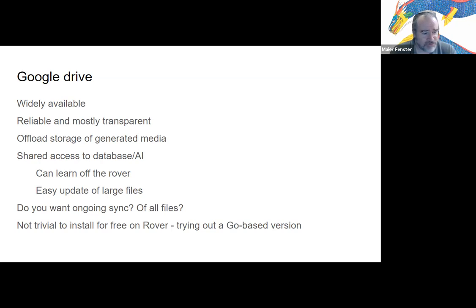So there are tools that cost money. I found a free tool, but like I said, it wasn't so trivial to install, but with a little bit of help from the people on the message board, we got there.